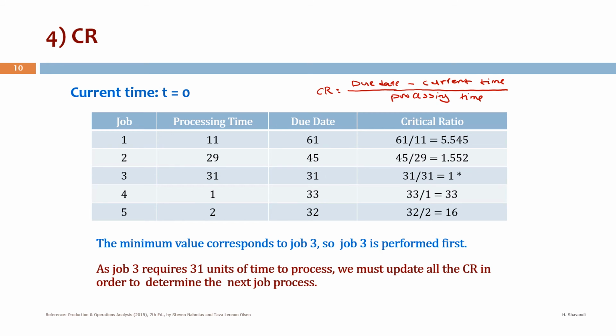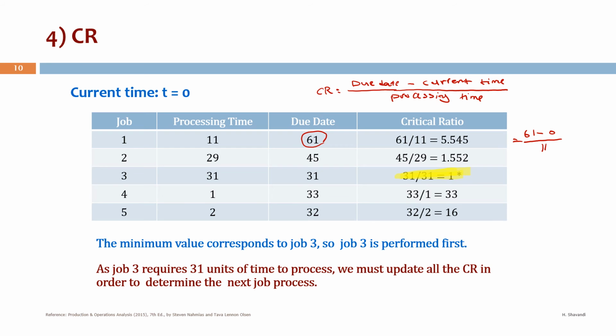For job number 1, as you see here, the due date is 61. So 61 minus 0 divided by 11, the processing time, becomes 5.545. Same for the other jobs, we calculate the CR ratio, and as you see here, the smallest one is this one, right?